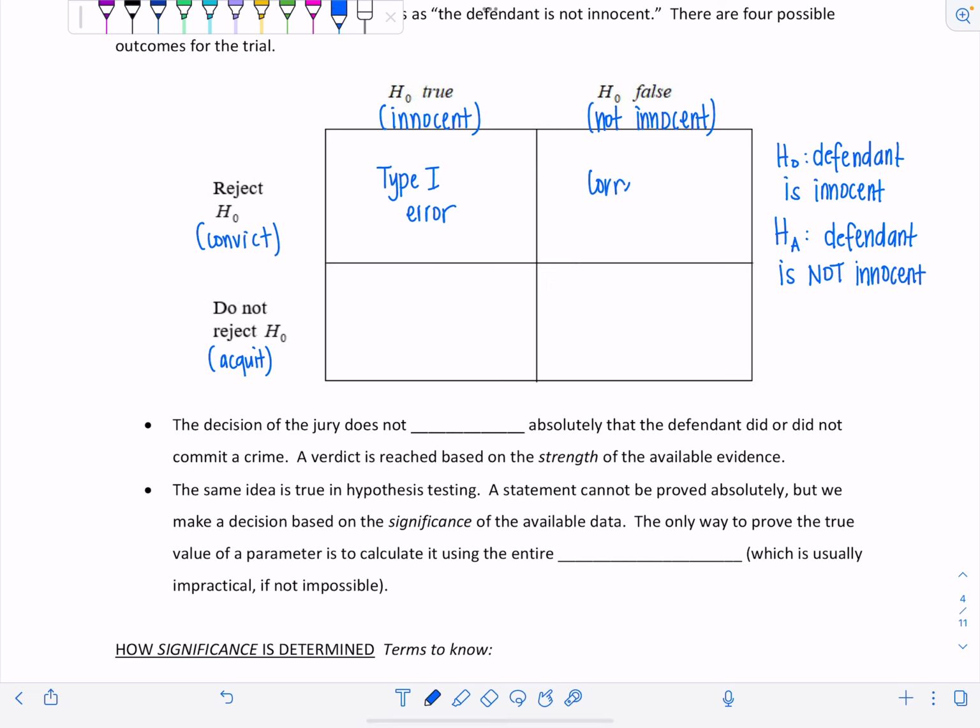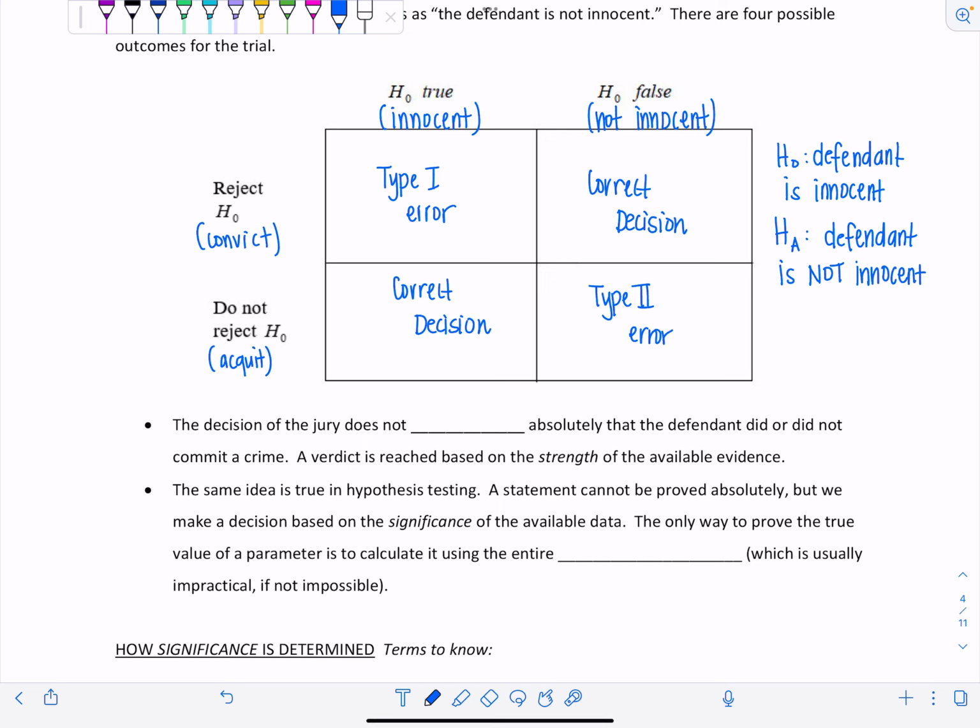Correct decision. All right, what about over here? The defendant is innocent and you decide to acquit. They are acquitted. That's correct. Good job. What if they are not innocent and the jury does not convict? They acquit. That's an error. That's type 2 error.